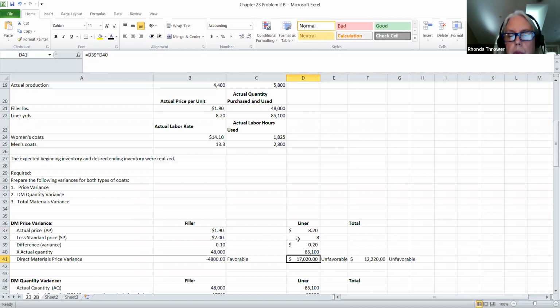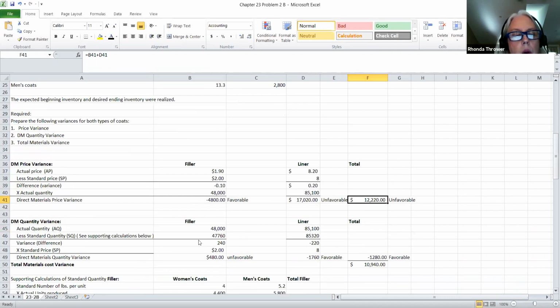Since we have two types of materials, we're going to combine both variances together to get a total direct materials price variance of $12,220. So these two are combined together because my unfavorable amount was larger than my favorable amount, I still have an unfavorable balance for the direct materials price variance. The next thing that they require you to do is your direct materials quantity variance.